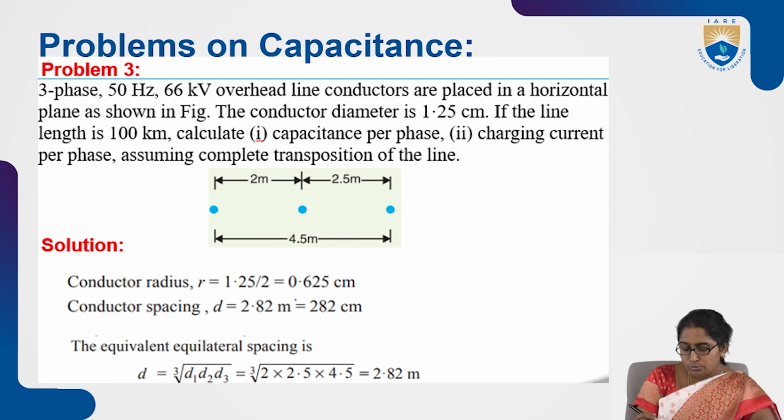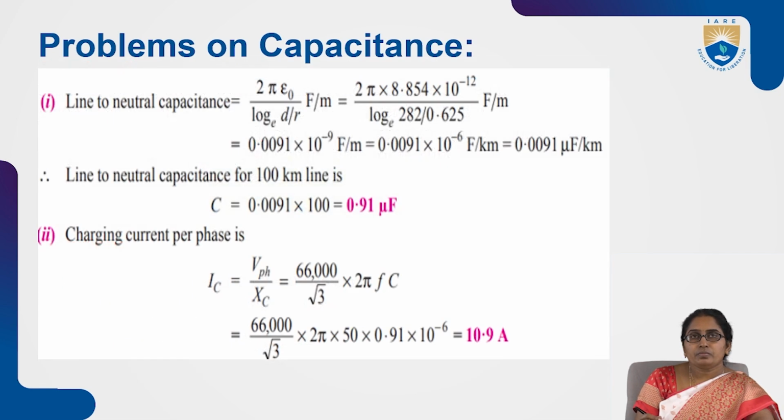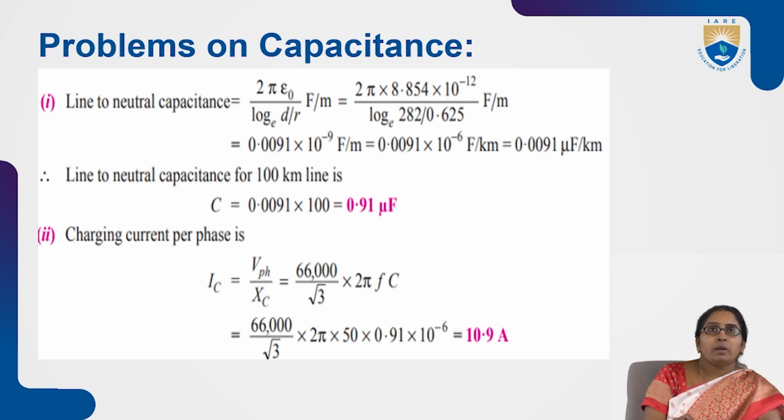Which is 2.82 meters. Now to the substitution: capacitance per phase is 2 pi epsilon naught by log base e of D by r.